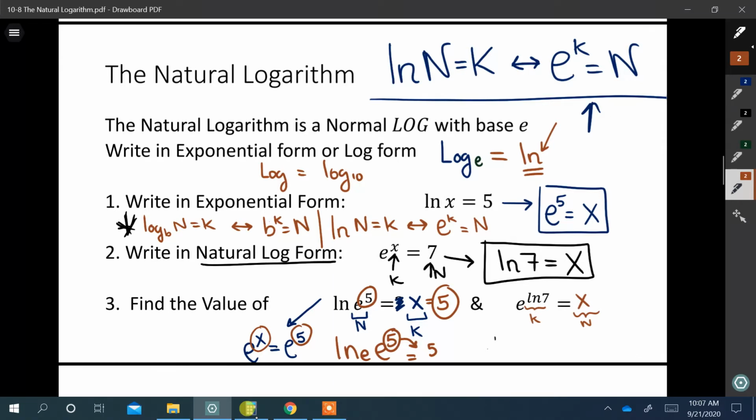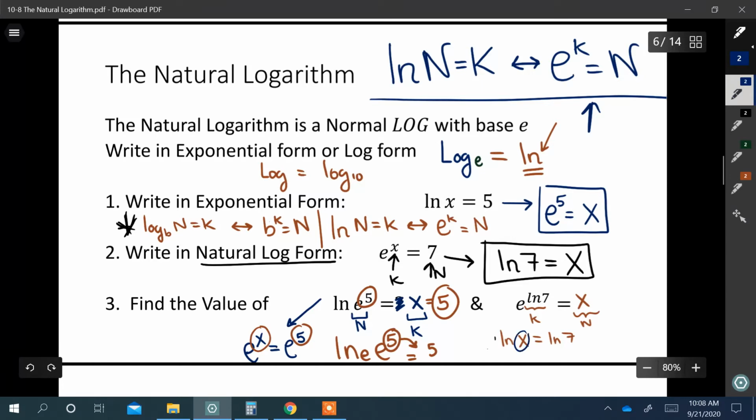So the n will have natural log of x is equal to, well, the k is natural log of 7. As you can see, x is equal to 7. So this right here will also be 7. You can see there that those are inverses of each other.